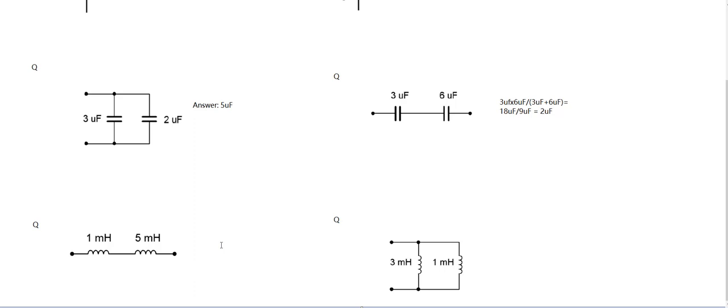Now I told you what capacitors are, essentially two plates of metal very close to each other. What are inductors? You can think of inductors, because oftentimes this is what they are, as big loops of wire. Many, many loops of wire.